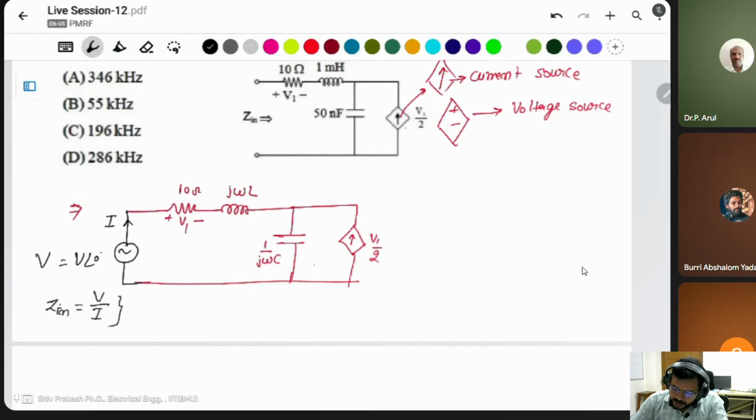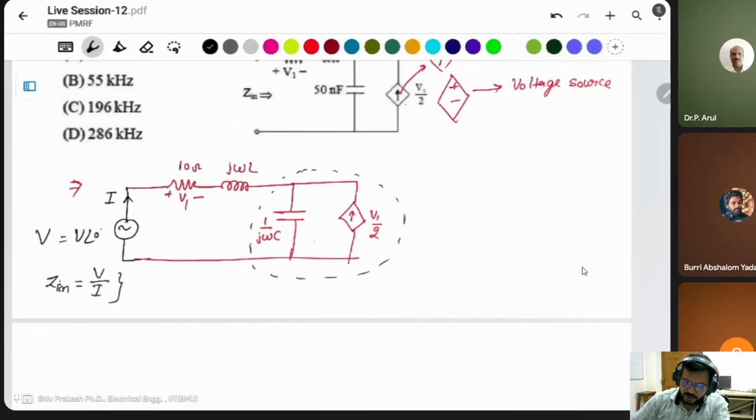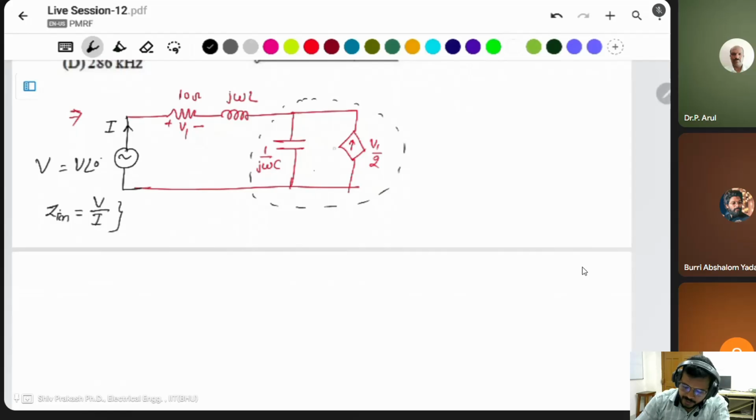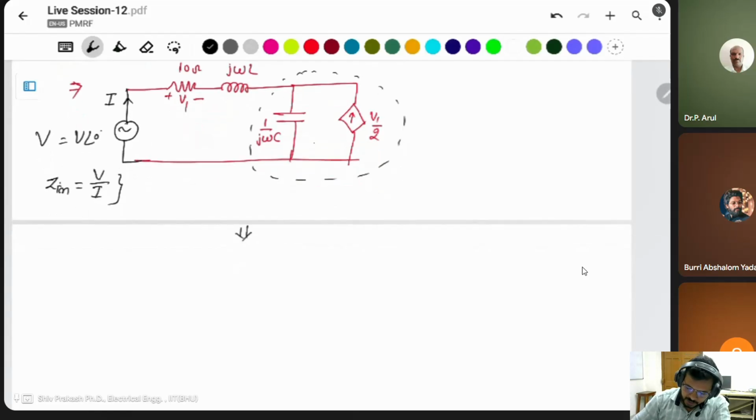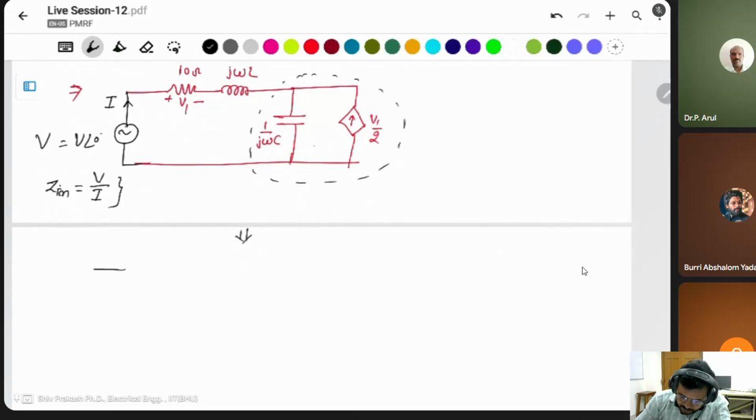Here you can transform this current source into a voltage source. How can you transform it? Simply multiply the current source by the impedance to get the voltage source. After the source transformation, this will be R, L, and C, with a dependent voltage source.